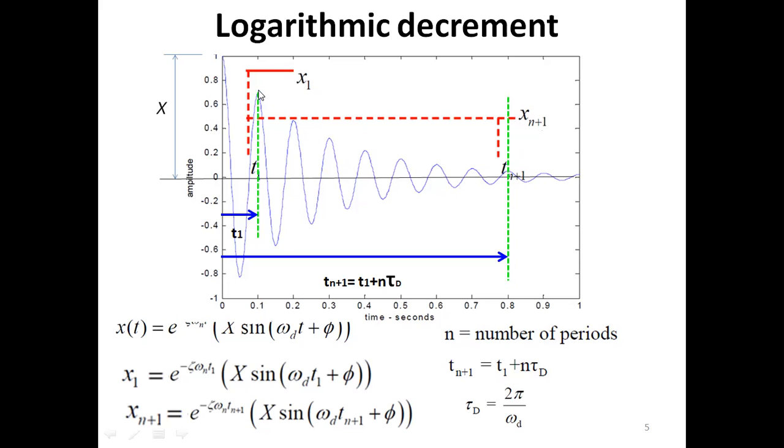So this is my point 1, where the amplitude is x1, and this is my point n plus 1, that is after n cycles, where the time from here up to here is t n plus 1, and the amplitude is x n plus 1.